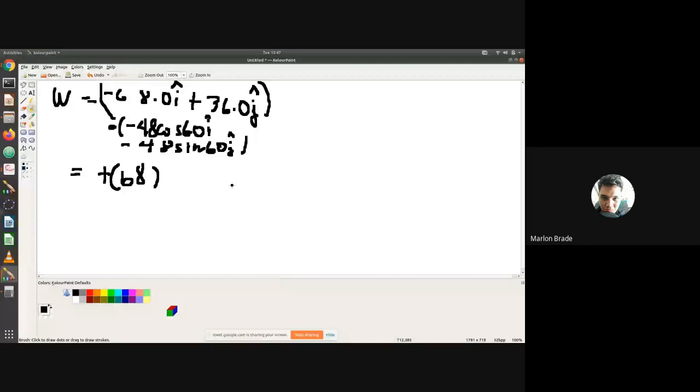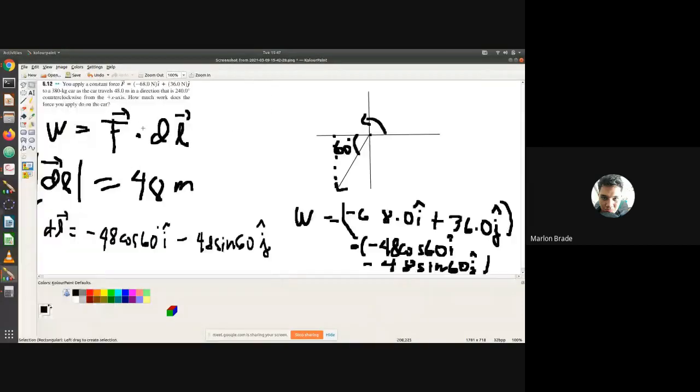By the way, what is the direction of the force? The x-component of your force is negative, but the y-component is positive, so the vector is somewhere in the second quadrant.